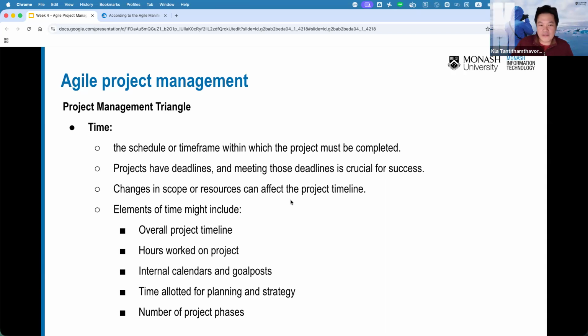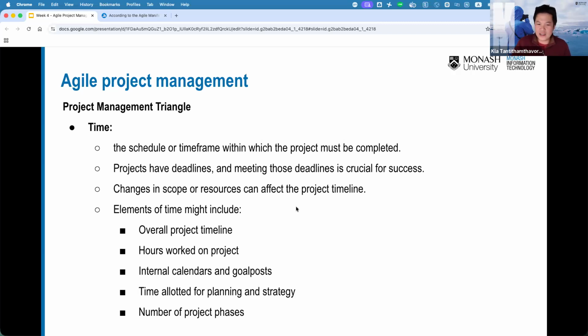There are some elements of time that might include, for example, the overall project timeline, let's say 6 months, and hours of work on a project. Like, I was hired to work on this project, but is this the only project that I need to work on, or do I need to work on other projects as well? So time may be limited among individuals, right?